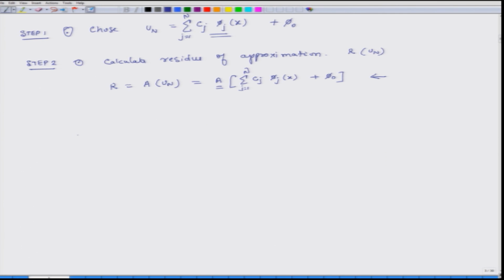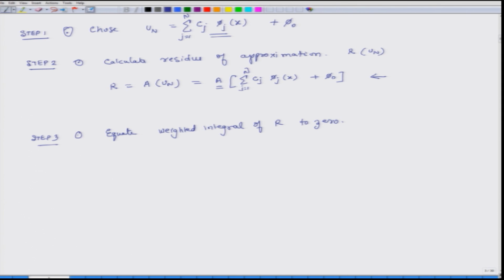Then the next step is step 3, that we equate the weighted integral of R to 0.